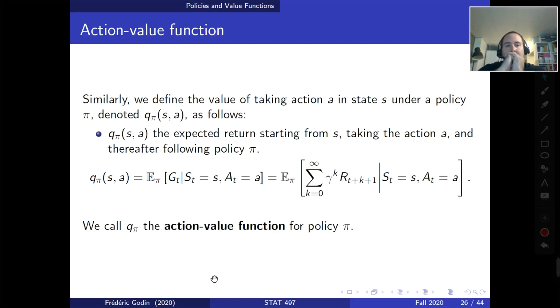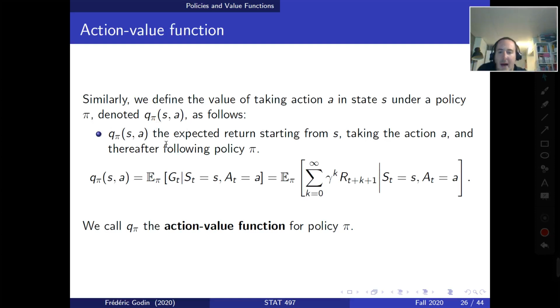Similarly, we can define another type of value function, which we will call the action value function for a policy pi. We define the value of taking action a in state s under some policy pi, which we denote as Q pi (s, a), as follows.